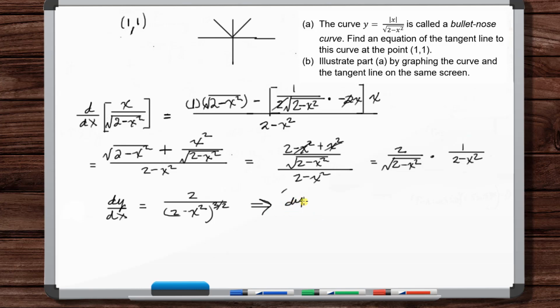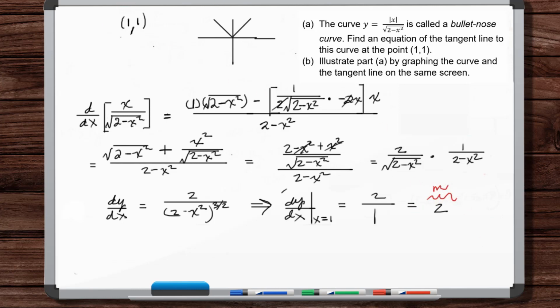So what is dy/dx at x equals 1? 2 minus 1 squared is 1. 1 to the 3/2 is 1. So it's 2. This is your m.